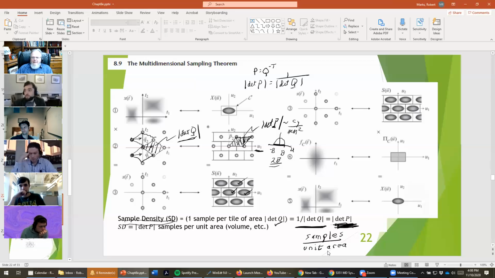Well, if you stretch them out in T2 and you sampled at a lower sampling density, you put your replicated spectra closer together. And if you put them too close together, you get the overlap. So ideally, you'd like to put them together to the point where replicated spectra are just touching each other.